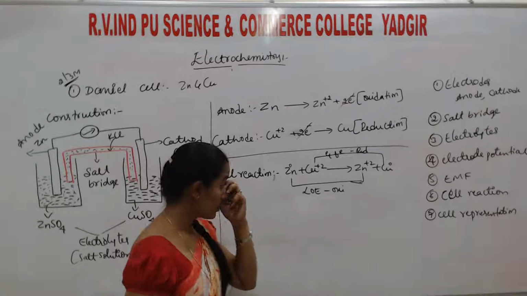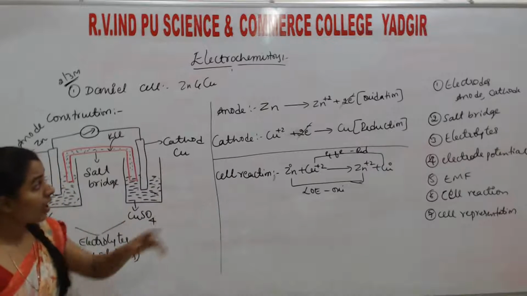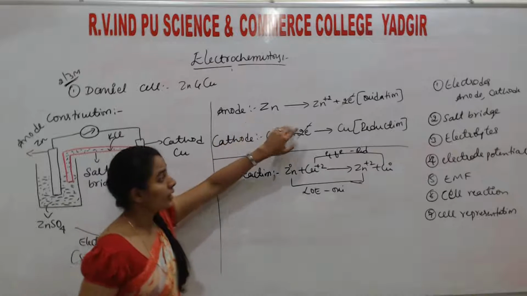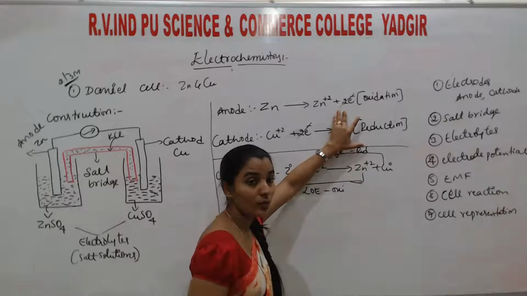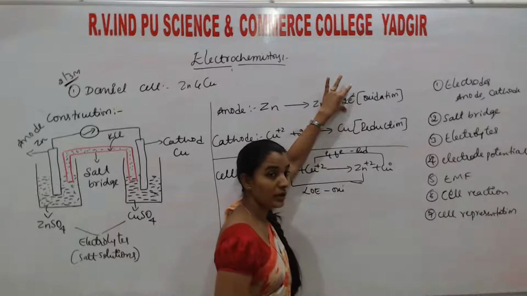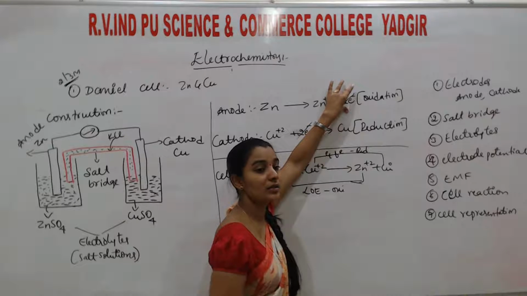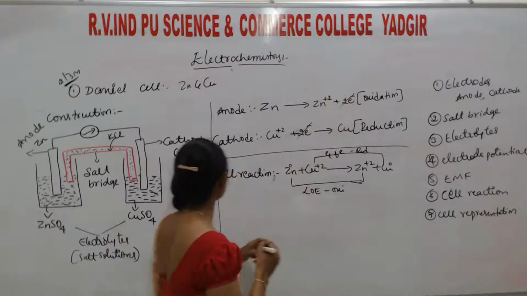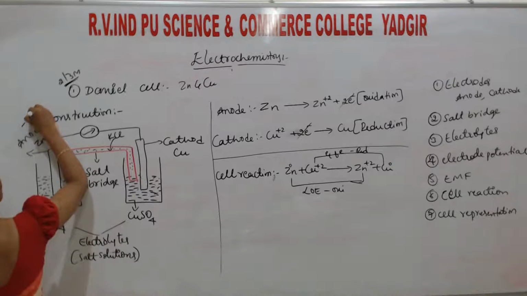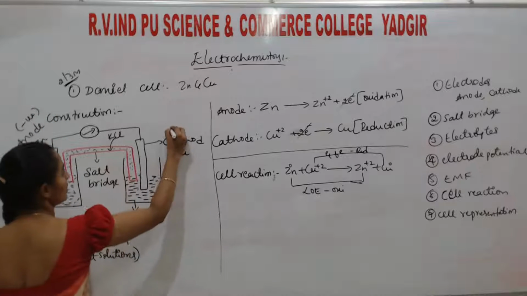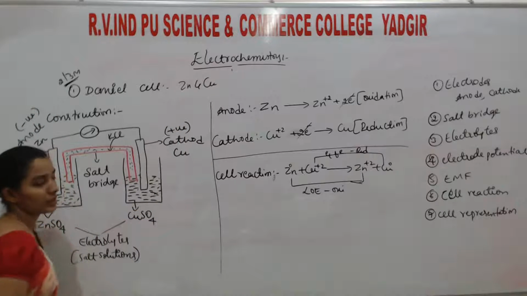Are you getting? So always the anode is negative in charge. Why? Because electrons are released there, oxidation takes place there. That's why the anode is always negative and the cathode is positive.